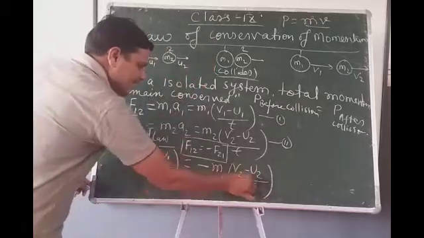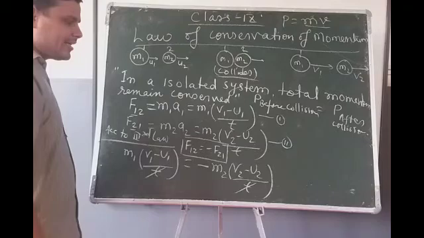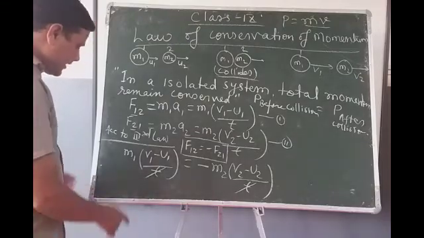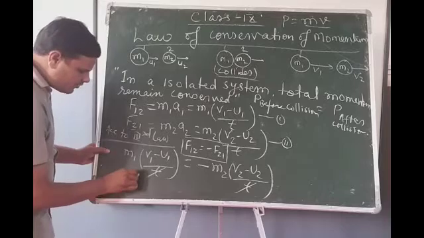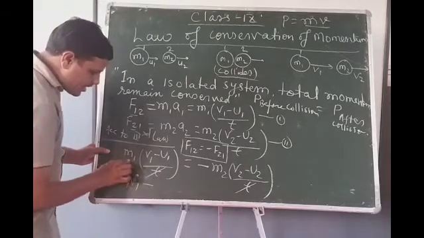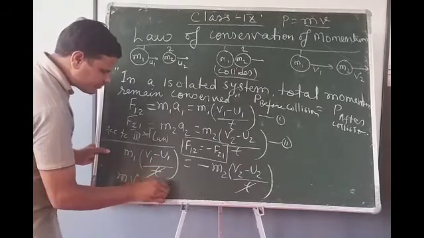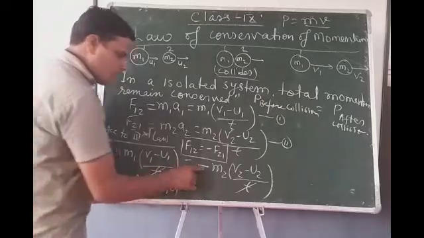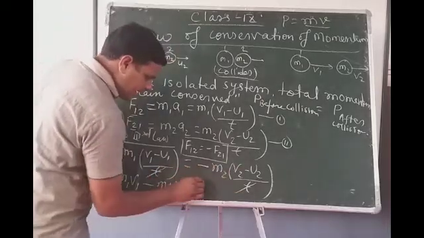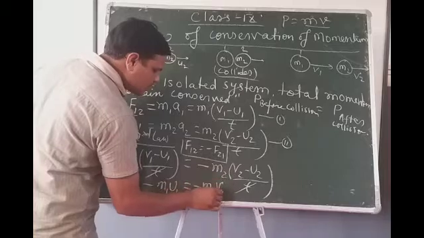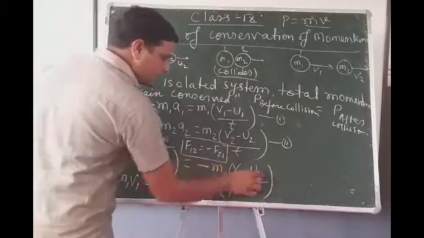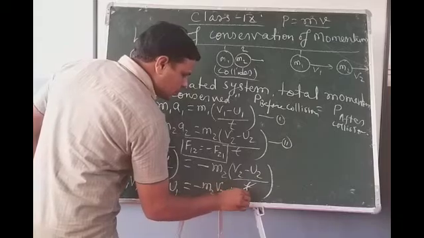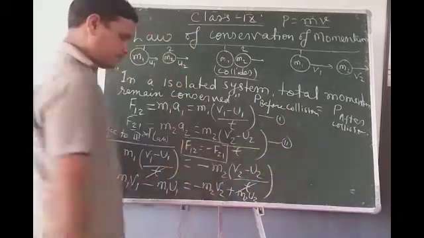We can cancel t and t. What will we get? We will get m1v1 minus m1u1 is equal to minus m2v2 plus m2u2.